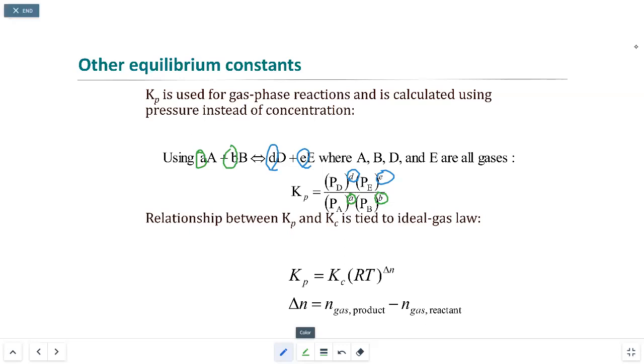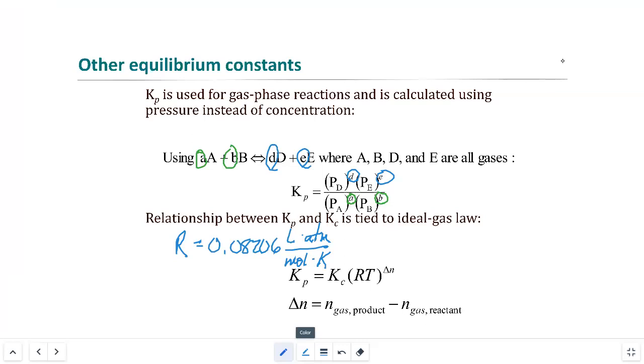Now, a couple of important things to know about R and T here. R has to be the value for atmospheres. Atmospheres is the unofficial pressure unit of equilibrium. It's not written down anywhere in stone.